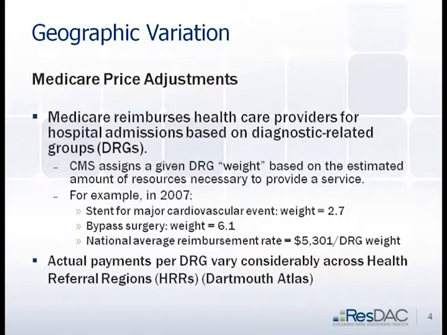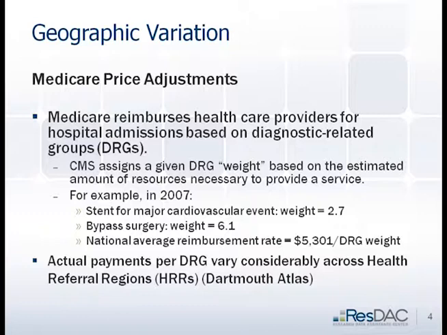Again, the Medicare price adjustments. So Medicare reimburses based on DRGs. And after the break, we'll talk about a set of examples where we look at DRGs and try to figure out whether the costs associated with these DRGs actually take into account differences that we're interested in.